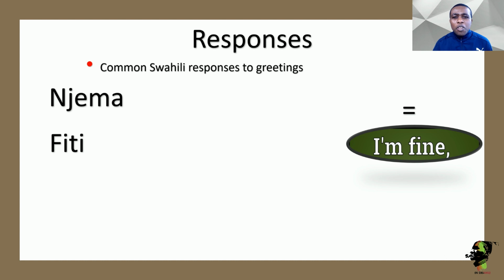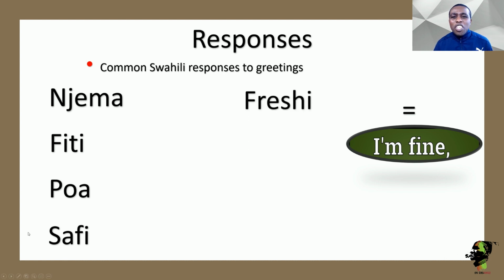This is a very cool response, used by young people. You can also use poa. It's also a very common cool response in Kiswahili, saying I'm fine. Safi, things are clean. The word safi means clean. Freshi, commonly used in Tanzania and Zanzibar.